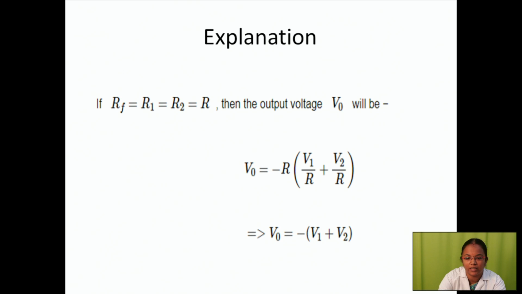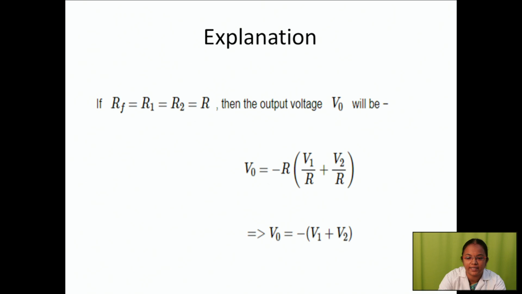If the resistors RF, R1, R2 are equal to R, then the output voltage V0 equals minus R into (V1 by R plus V2 by R). Take R outside, R and R get cancelled. So V0 equals minus of (V1 plus V2).